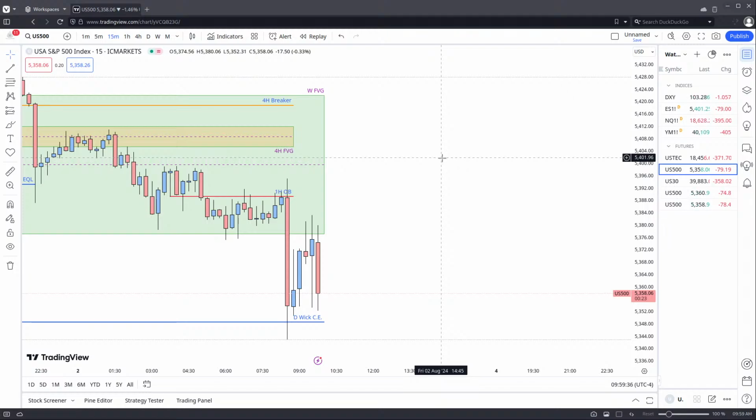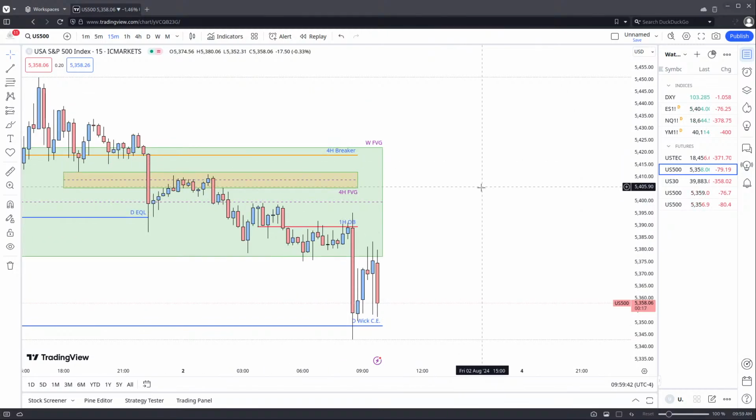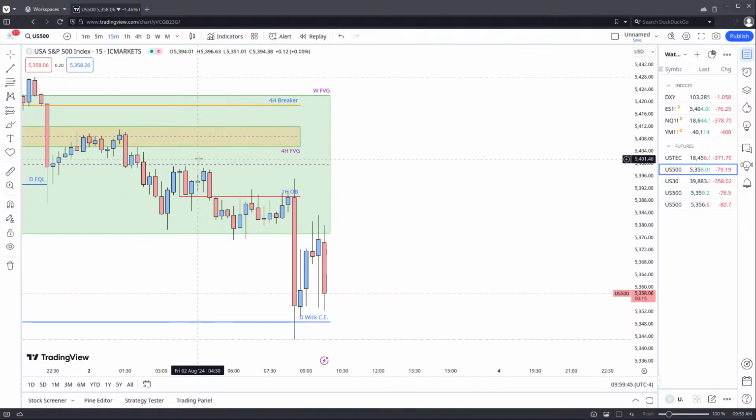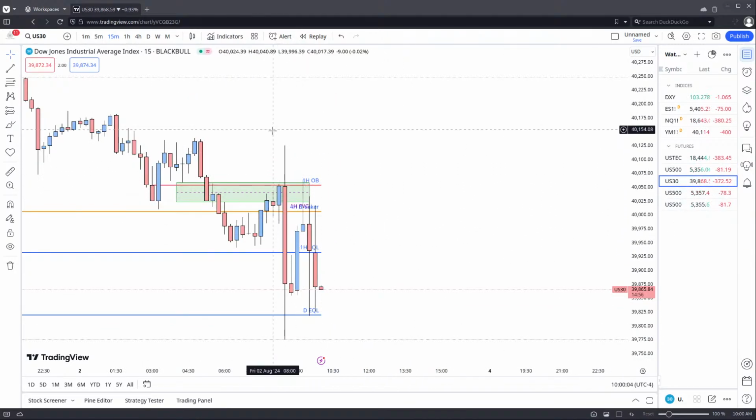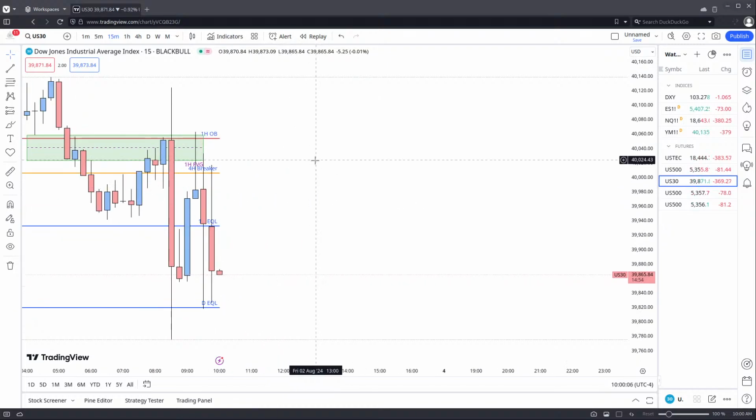We did have an SMT on higher time frame, because in this same exact area the Nasdaq gave us a higher high, where US 500 gave us a lower low and US 30 gave us the same lower low here.